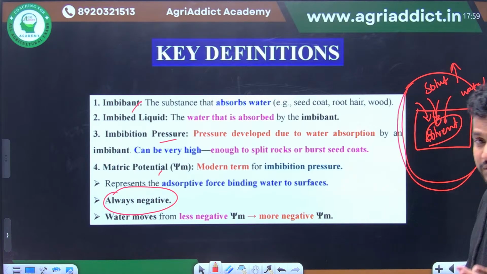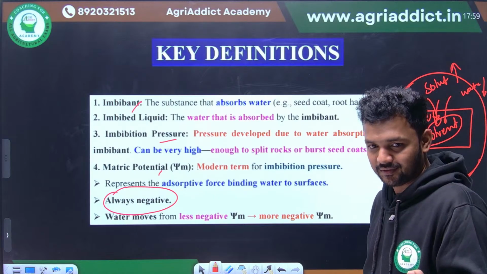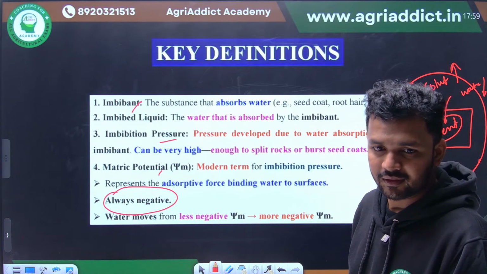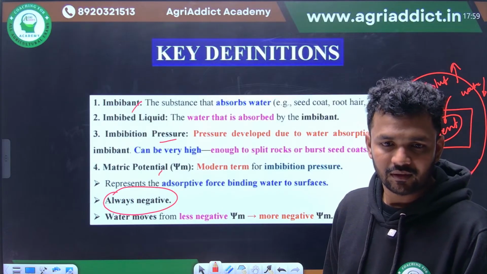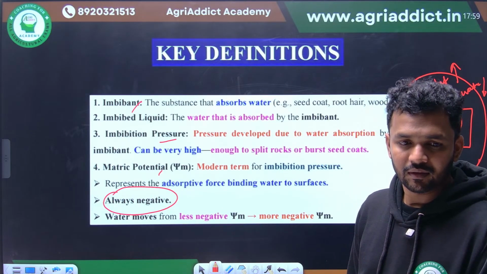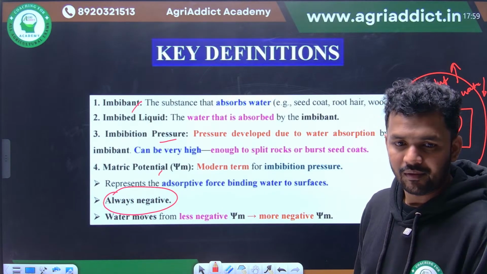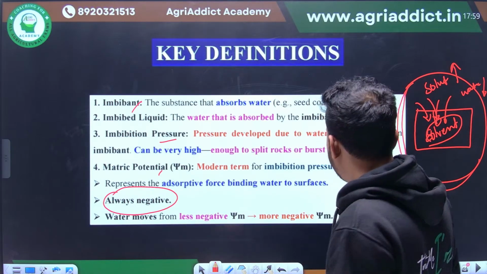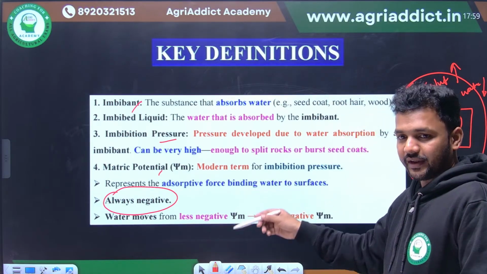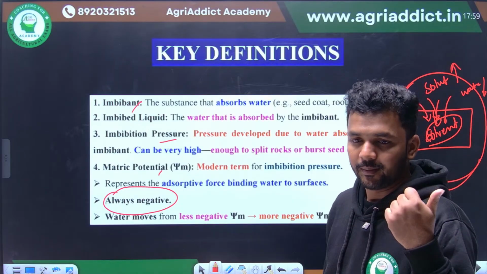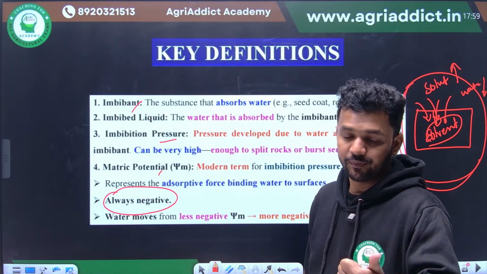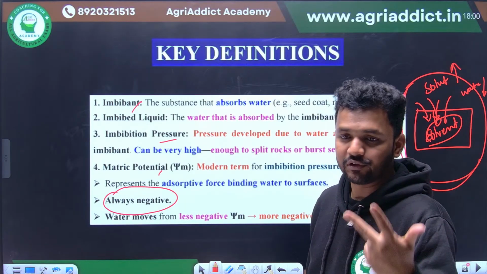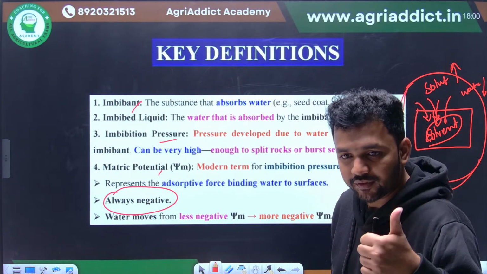So it will reduce the water potential, right? That's why it is always negative. So pressure potential is always positive, solute potential is negative, and matric potential is also negative. Only pressure potential is positive.